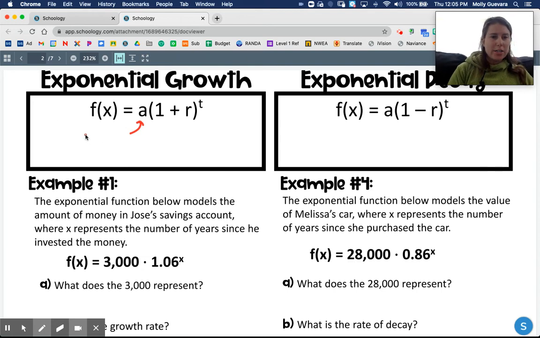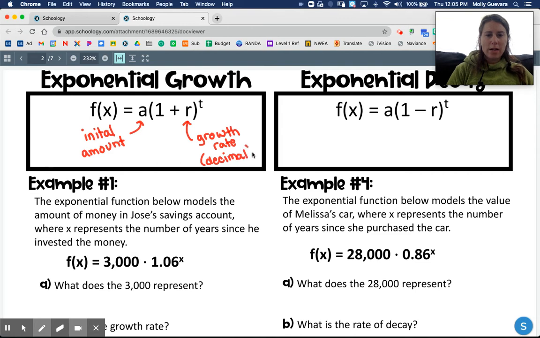A is always your initial amount, meaning how much money did you start with, or how many people were there at the beginning, things like that. R is always your growth rate, so how much is it growing by? Typically, you will get your growth rate as a percent, so you would have to convert it to a decimal.